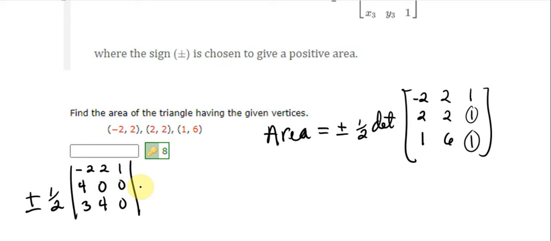Okay, so now a couple of ways you can get at that. I'm going to interchange the rows. So we have this plus or minus. You don't have to pull out a negative, but that's going to be taken care of with that plus or minus.